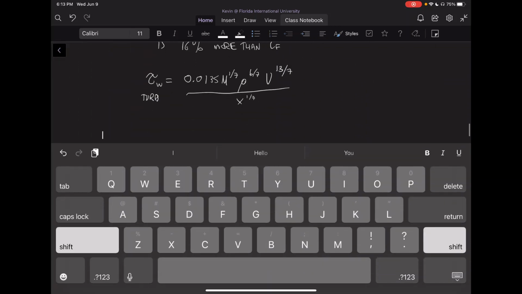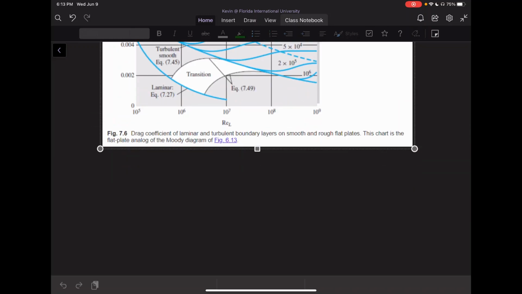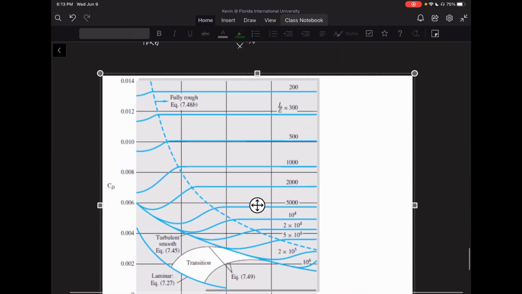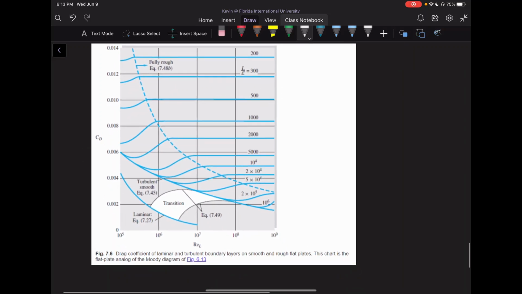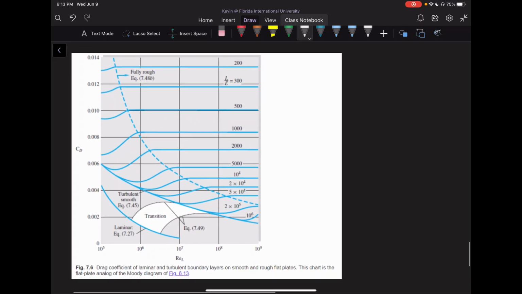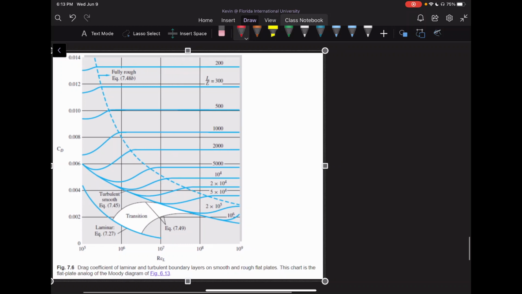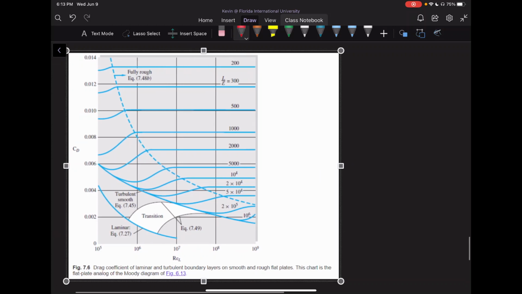Figure 7.6 is a way to solve the problem without having to use equations to solve for any value, and it can be used in exactly the same way as the Moody chart. If we look at this graph, we have on the left side our CD, on the bottom our Reynolds L, and we have the same effect with our rough pipes and our smooth pipes.